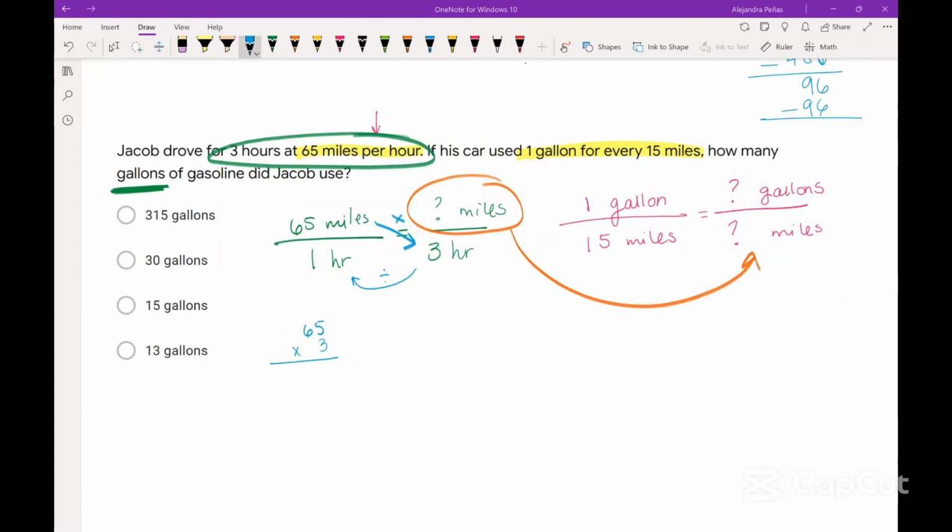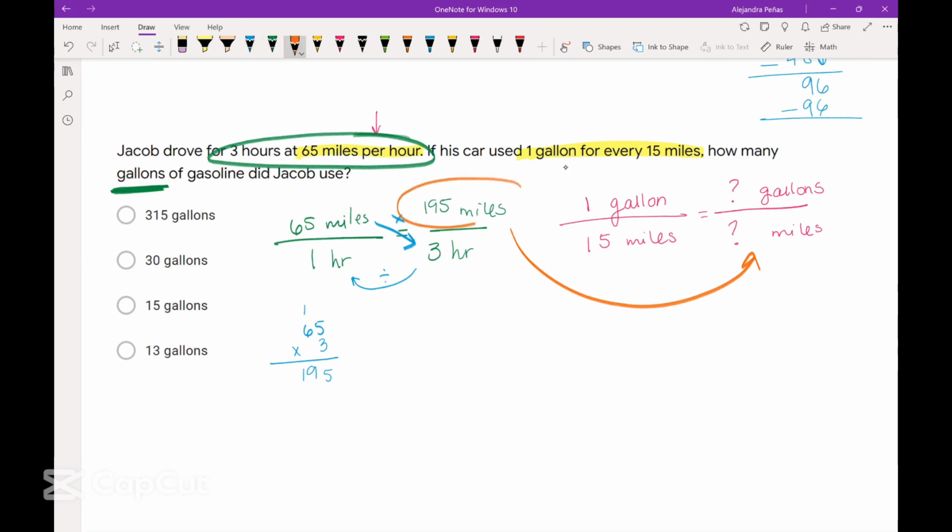Sorry, thank you. 65 times 3 is going to be, let's see, 5 times 3 is 15. That's going to be 18 plus 1, that's 195. So they drove a total of 195 miles.